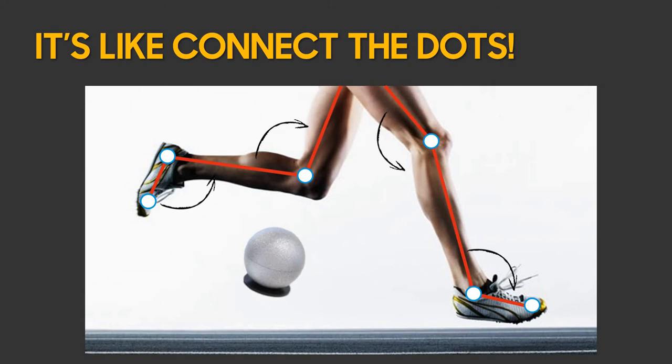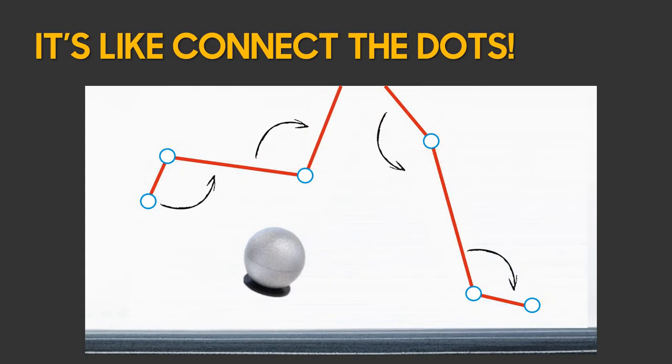So the idea is we record the movement of our athlete with the markers attached. We apply our markers, obviously, beforehand. Once we have the data, we connect the dots, and from that we create what is called a free body diagram.